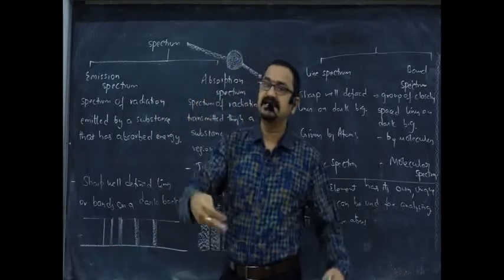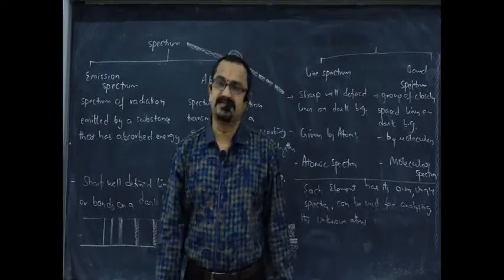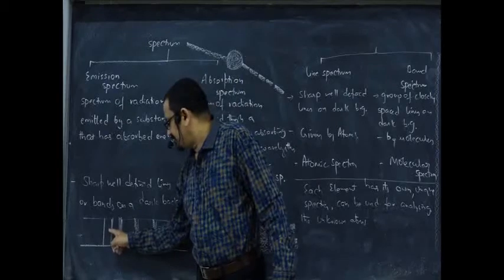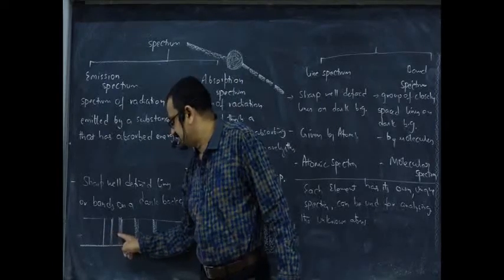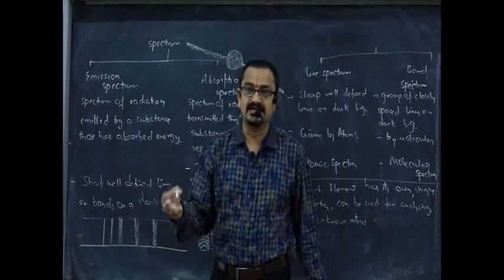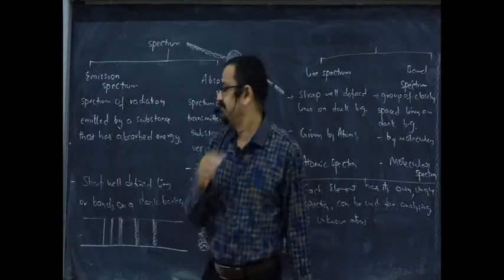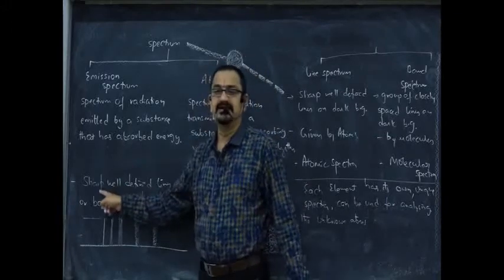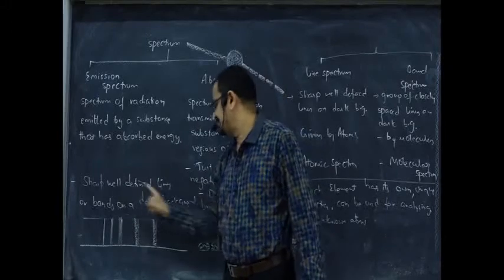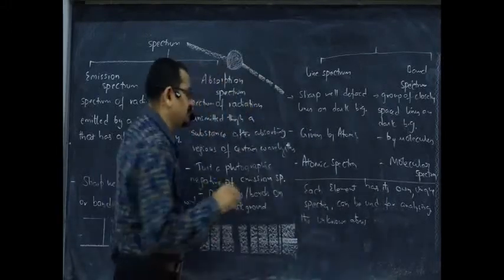Suppose certain emissions take place at the same time, all those emitted radiations will form a group of closely spaced lines. See, a group of closely spaced lines in this way is called bands. Group of closely spaced lines called what? Bands.